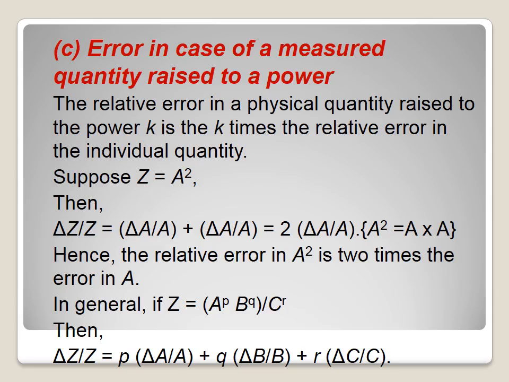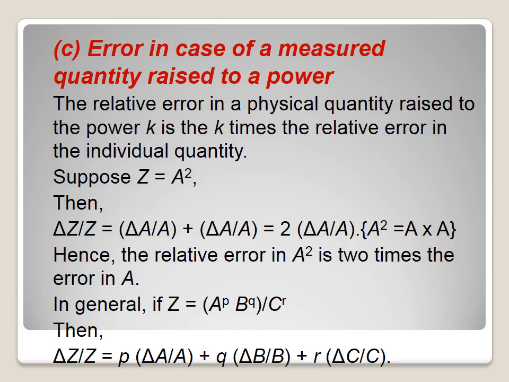Here we have to find the physical quantity Z by squaring the physical quantity A. Then delta Z by Z is equal to delta A by A plus delta A by A, which is equal to 2 into delta A by A.